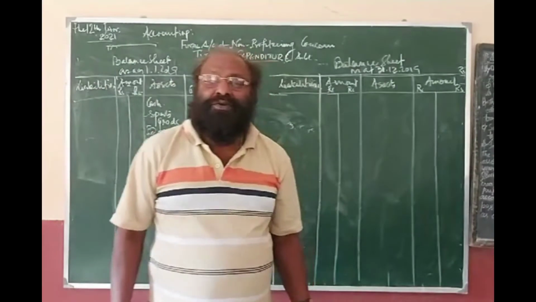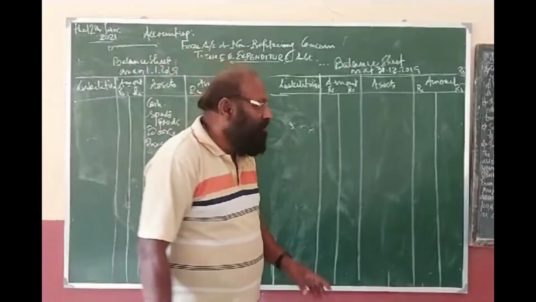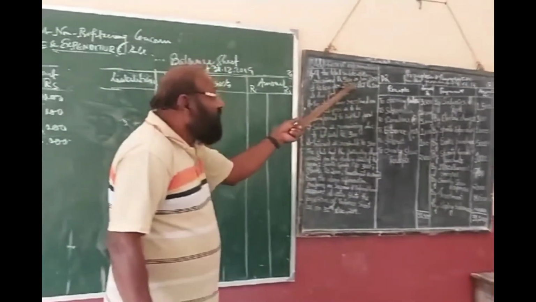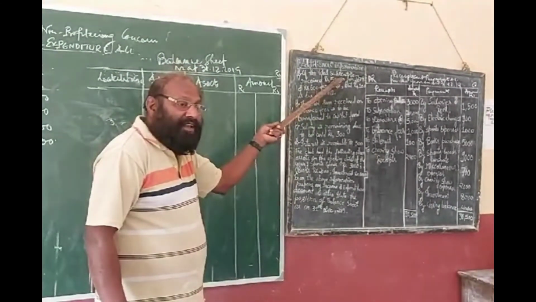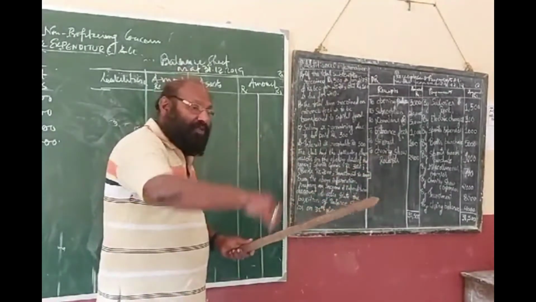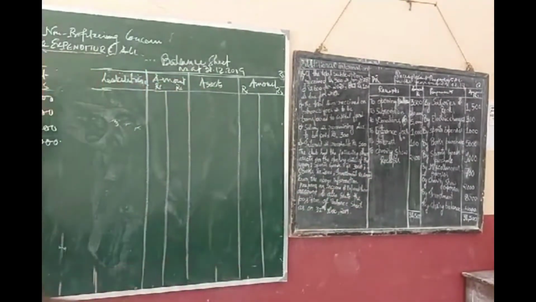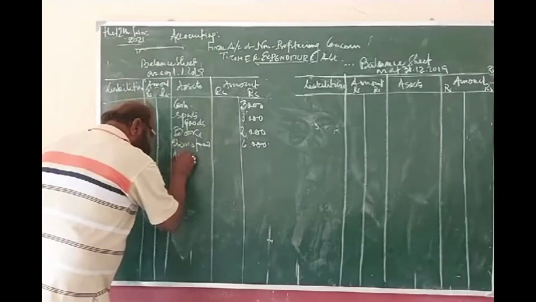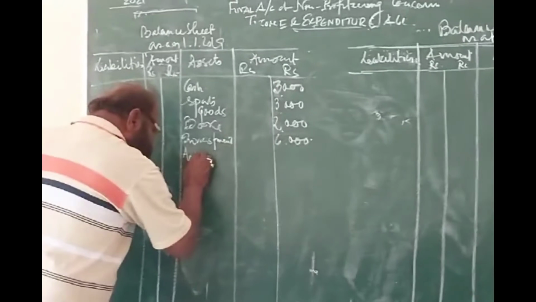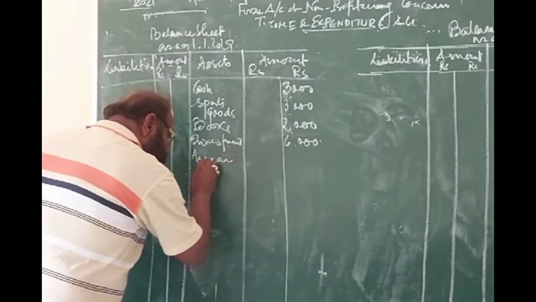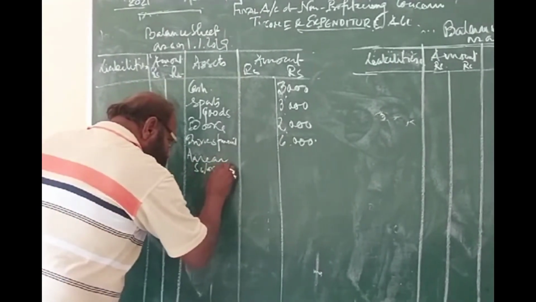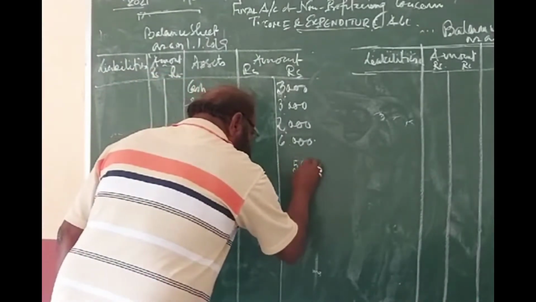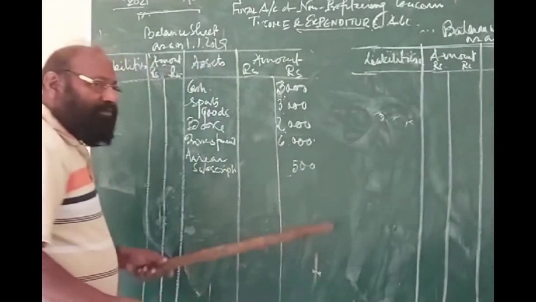So in the previous year it was our asset, accrued or arrear subscription, 500.